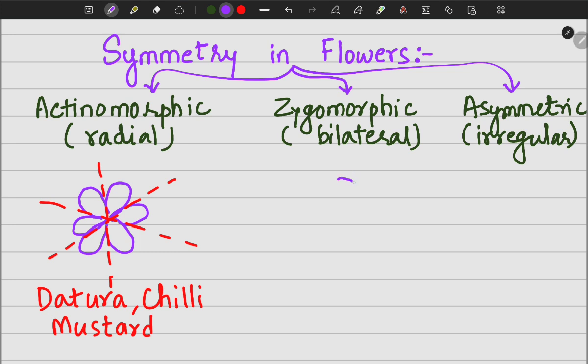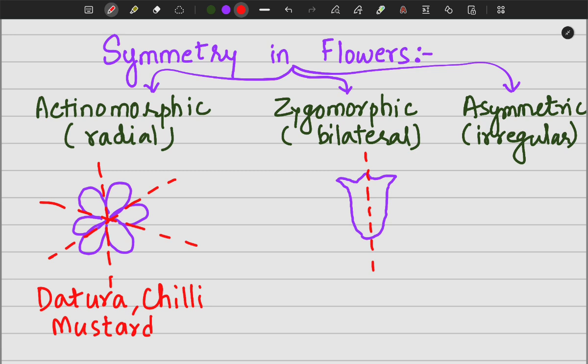So suppose this is a flower, and this flower can only be cut in two equal halves by only one vertical plane passing through the center, like this.